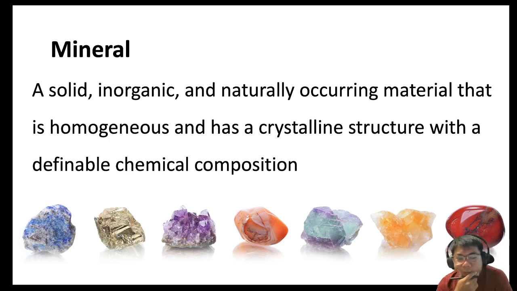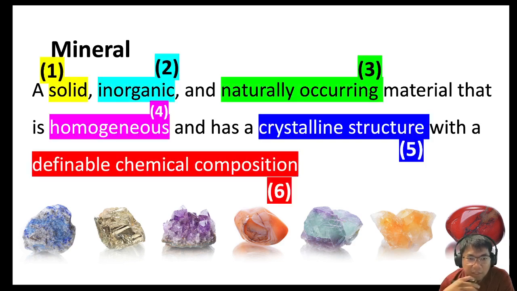So let's talk about minerals. This is the definition of a mineral, and I rarely give definitions, but I think it's a lot easier if I subdivide the mineral definition into 6 different parts.